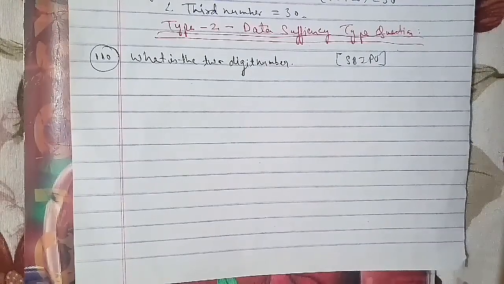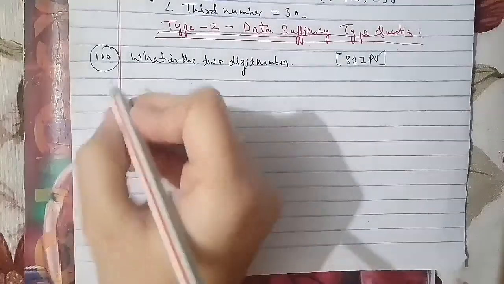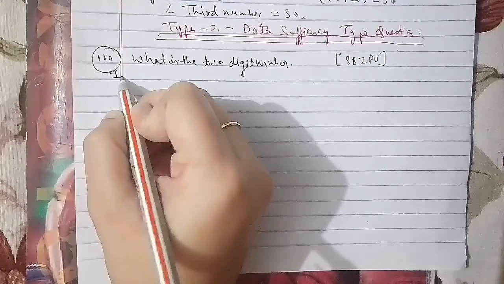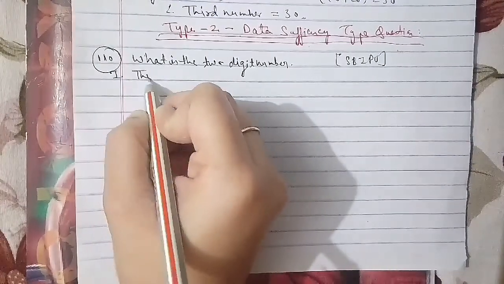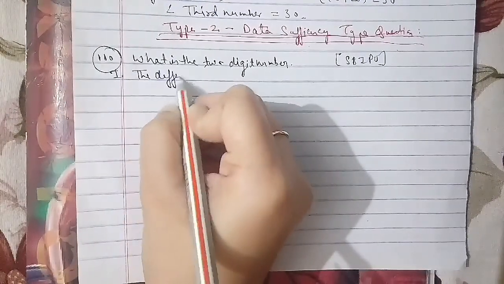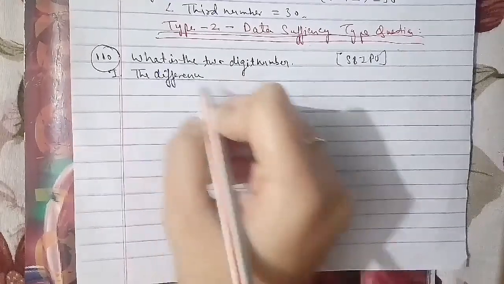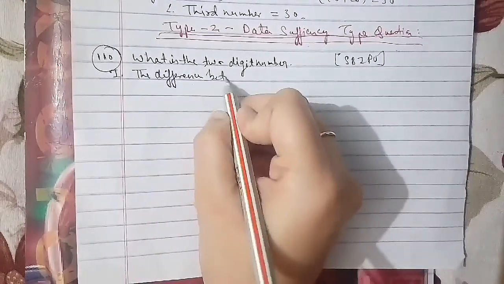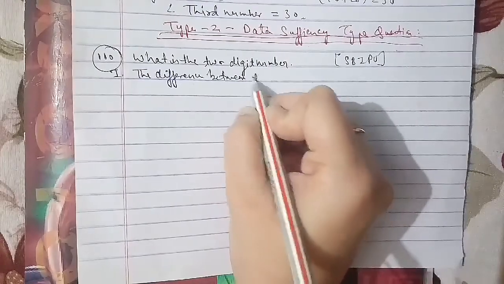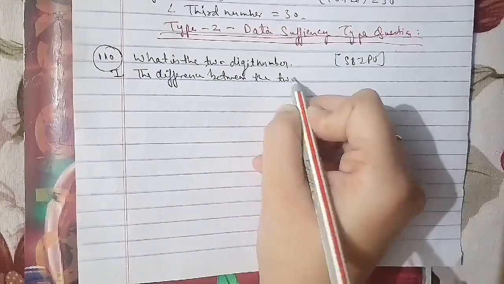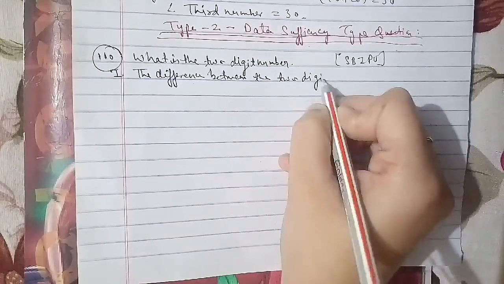So there are two statements. The first statement states that the difference between the 2-digit number is 9.